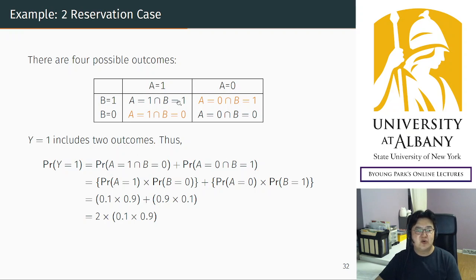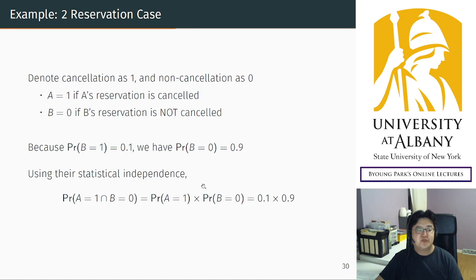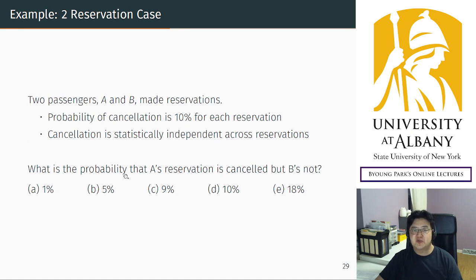Another thing you have to realize is that you need to consider this probability. When you calculate the probability that A is canceled but B is not, it's not simply 10%, even if the probability of cancellation is 10%. You have to take this into account.